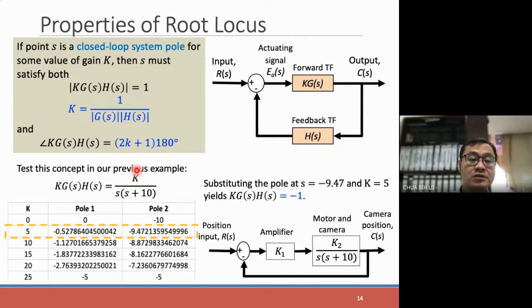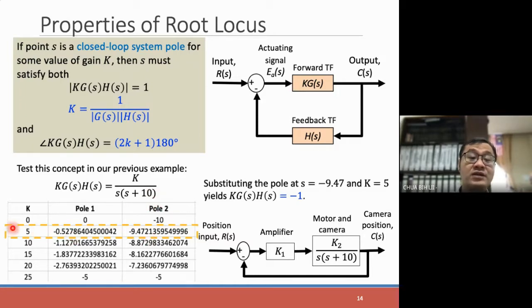So to test this concept, I will show some examples. Now take this KGH equals K over S multiplied by S plus 10. This example is basically the previous example.